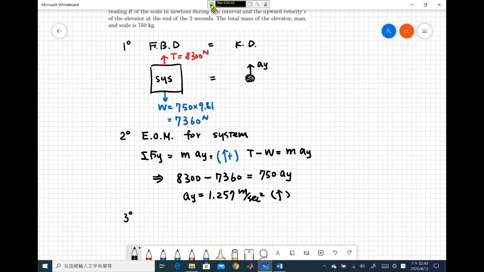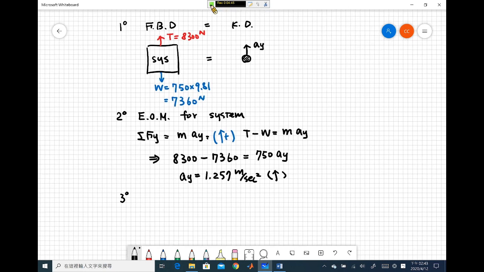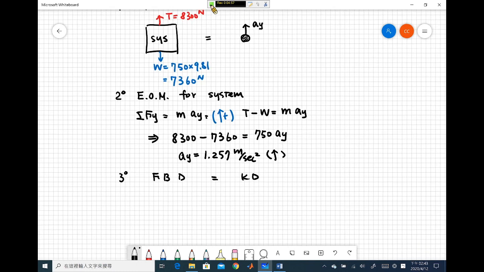Then now we break down to that man only. So again, we go back to the free body diagram, that will be equal to the kinetic diagram. The man here is standing on a scale, right?